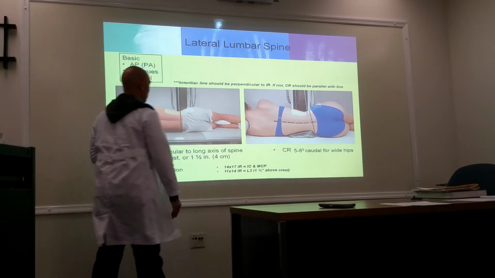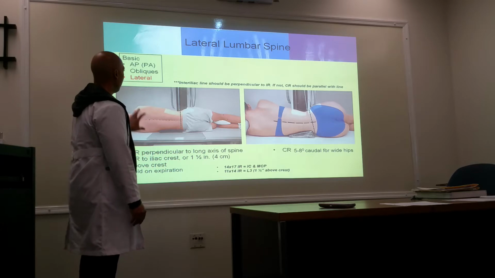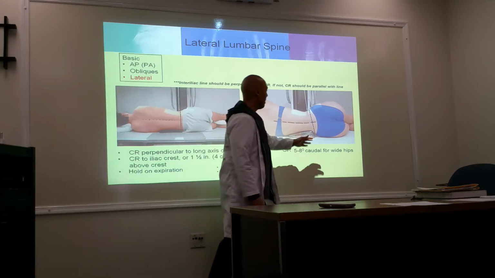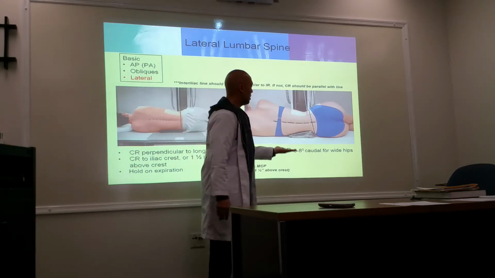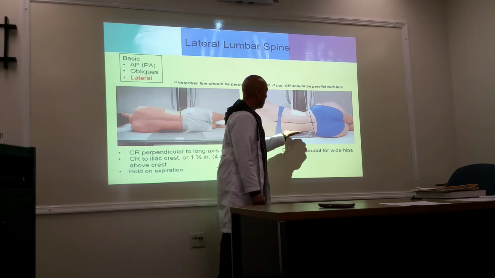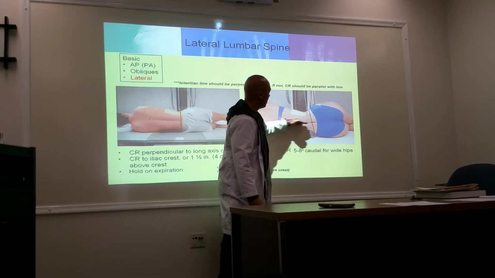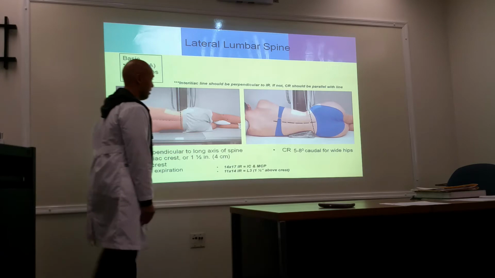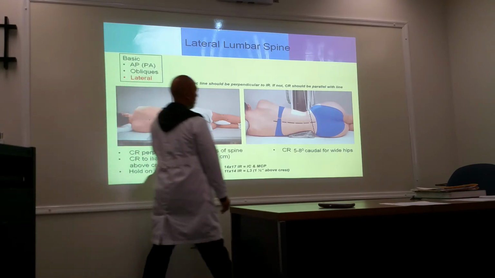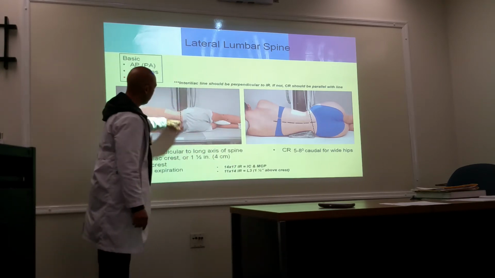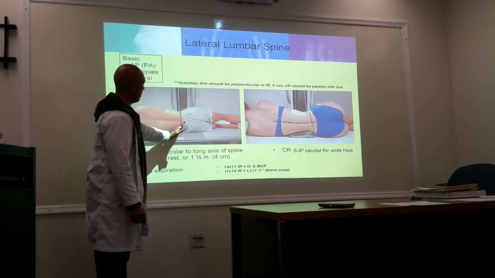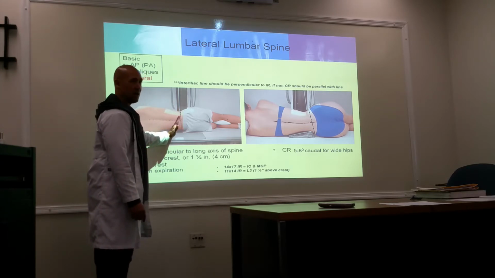You might put a bolster underneath them. If they have broad shoulders or wide hips, again, prop this up accordingly so that the spine is straight, which puts the crest from one end to the other perpendicular with the image receptor. If you can't accomplish that, then an angulation might be required.